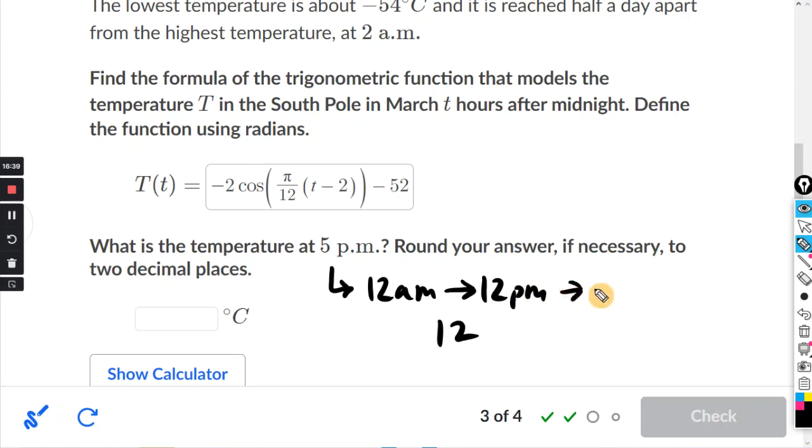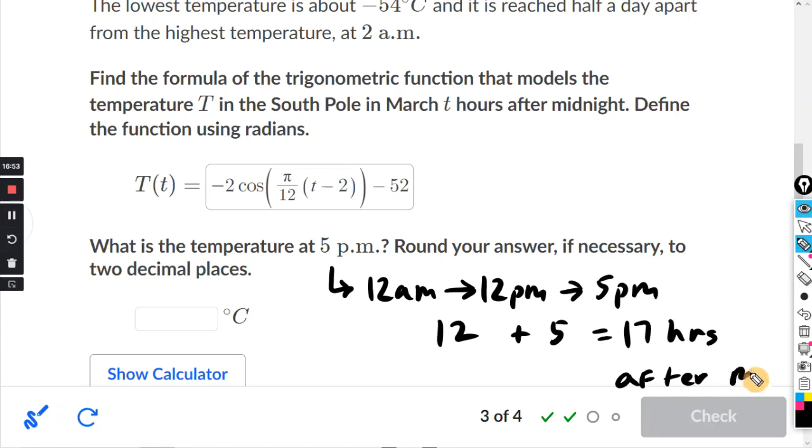And then if you go to 5 p.m., that's an additional 5 hours. So 5 p.m. is actually 17 hours after midnight. So in order to find the temperature at 5 p.m., you need to plug in 17 in this equation.